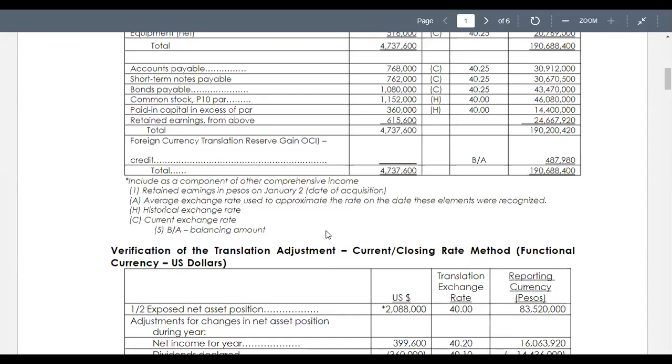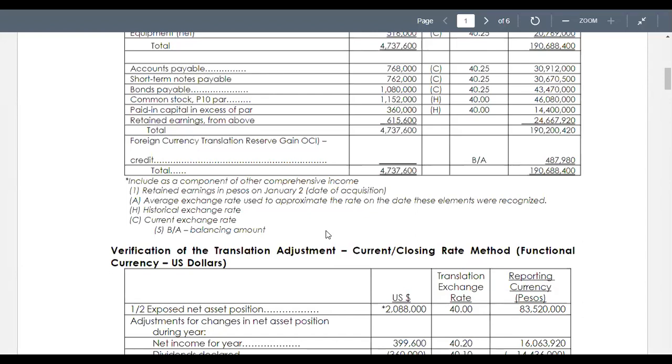Okay? So we are now through with the items except common stock, which is normally recorded at its historical cost when the company was organized or started. So we use 0.28, and it is historical.